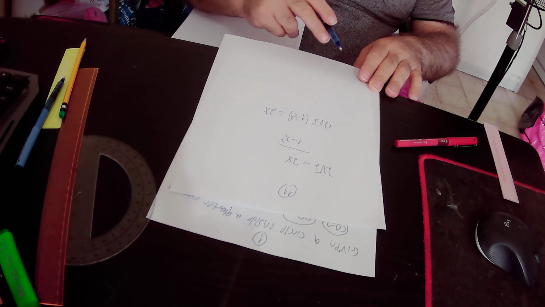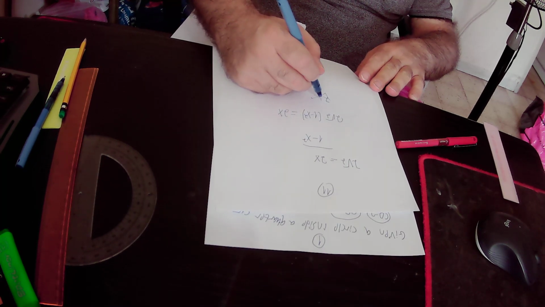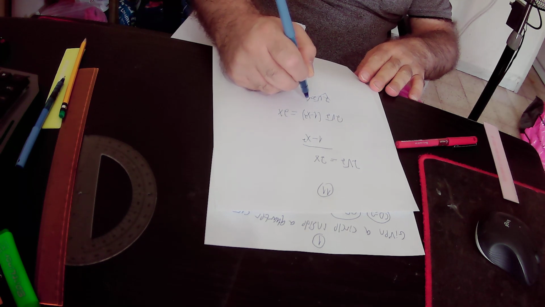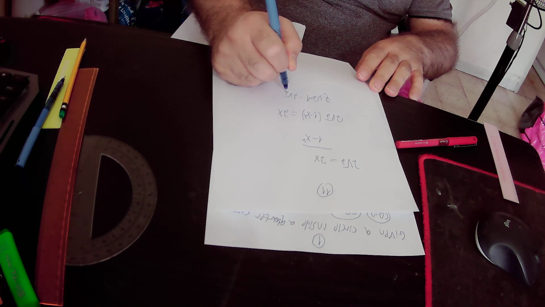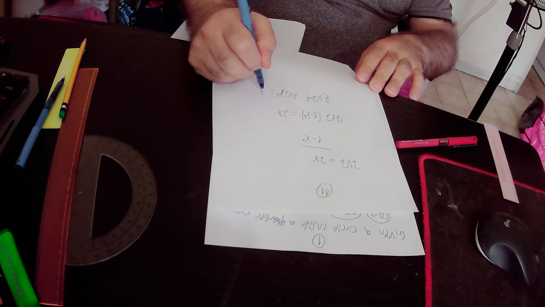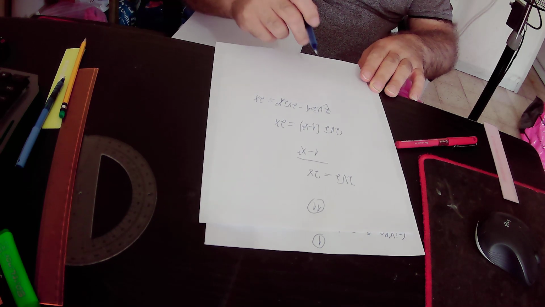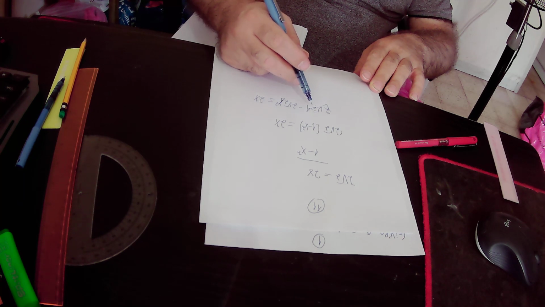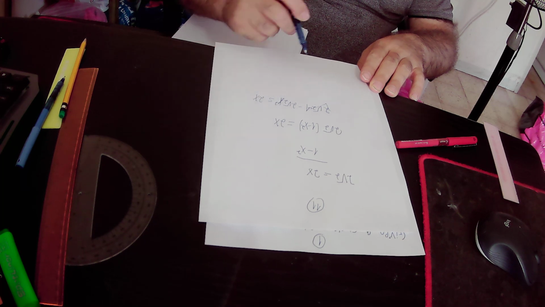Here we will open the brackets, so 2 times root 2 minus 2 times root 2 times x squared equals 2x.